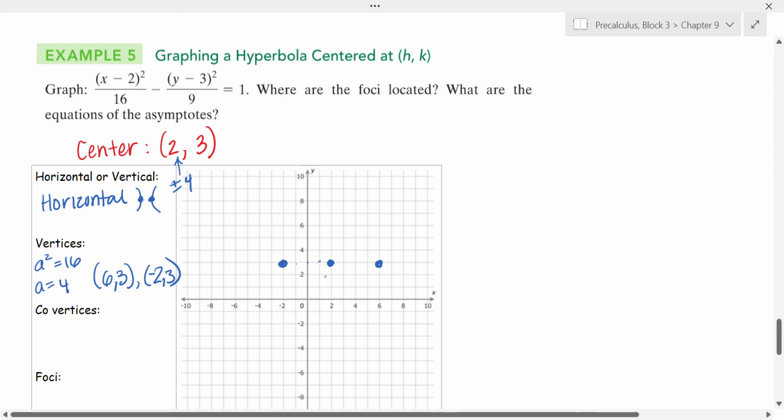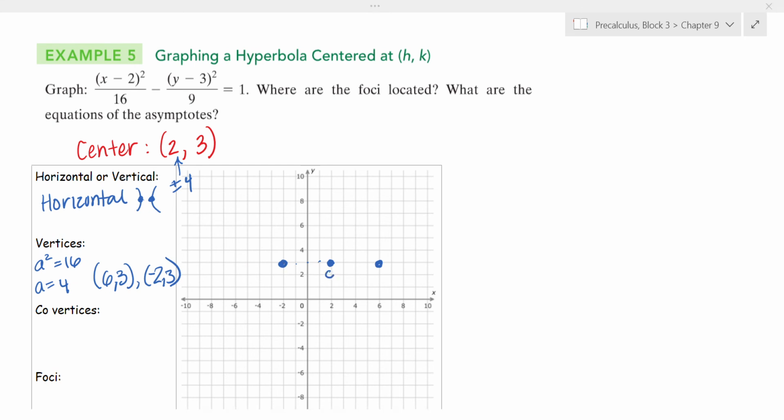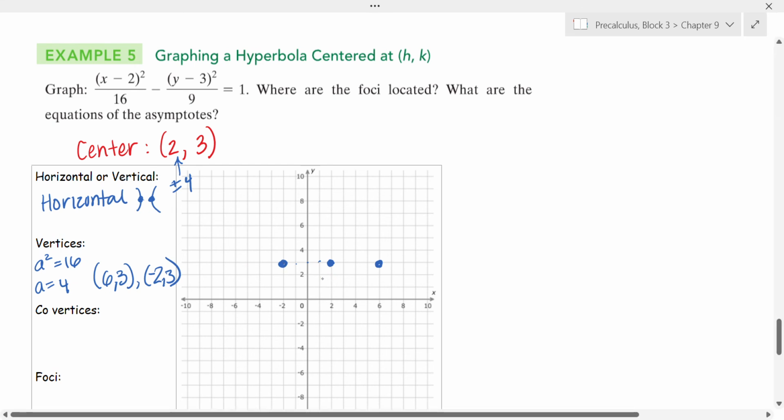Okay, let's write center, or let's name it (h, k). And then the co-vertices here are 3 units away from the center. So to the Y value, you're going to add and subtract 3 units.